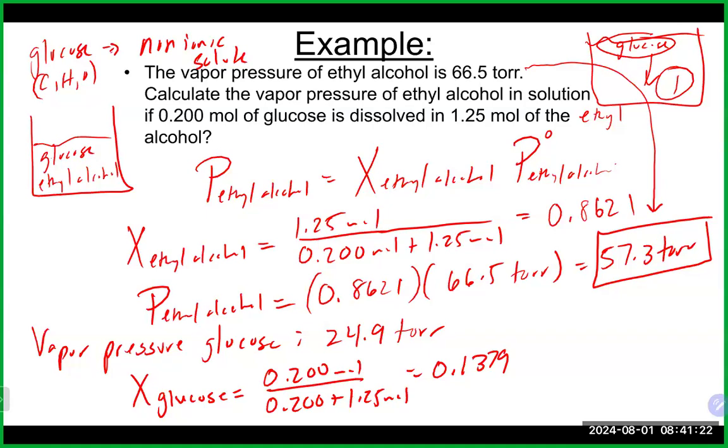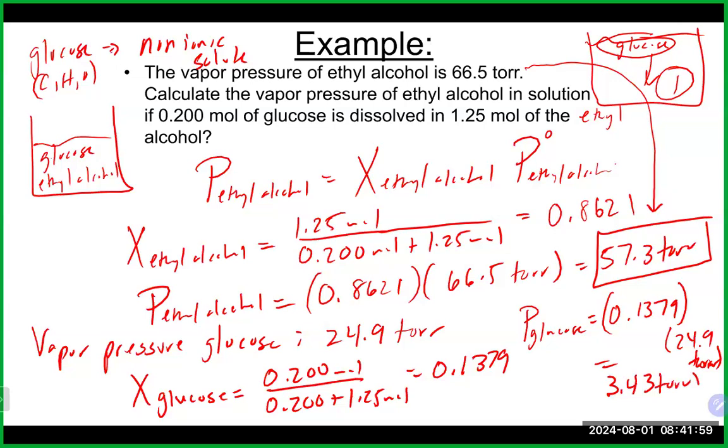And if we now take that times our vapor pressure of pure glucose under these same conditions, we could get the vapor pressure of glucose in the solution, which would be 0.1379 times my 24.9 torr. If we do that, 0.1379 times 24.9, in that particular solution, the vapor pressure of glucose would be 3.43 torr in this case.